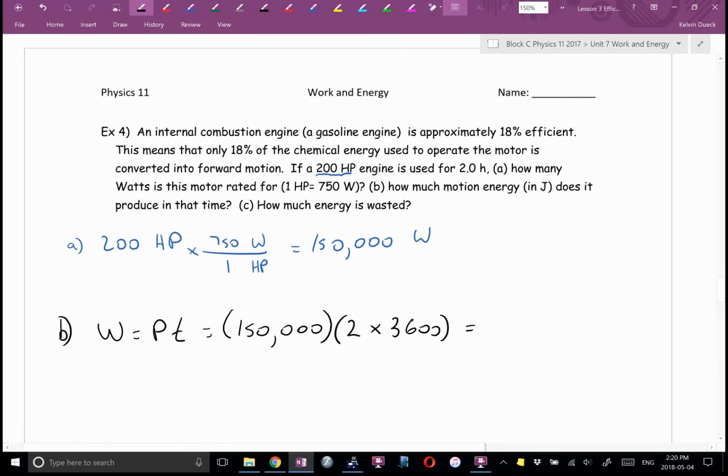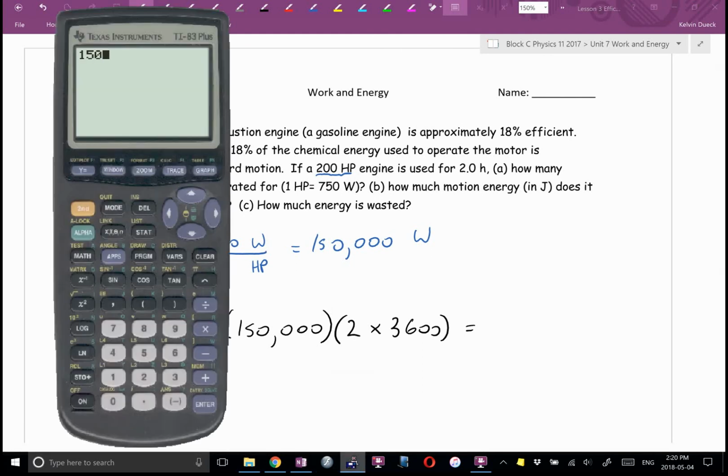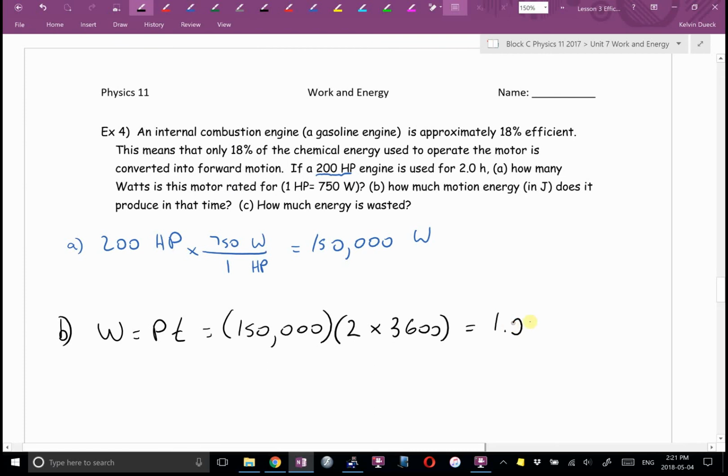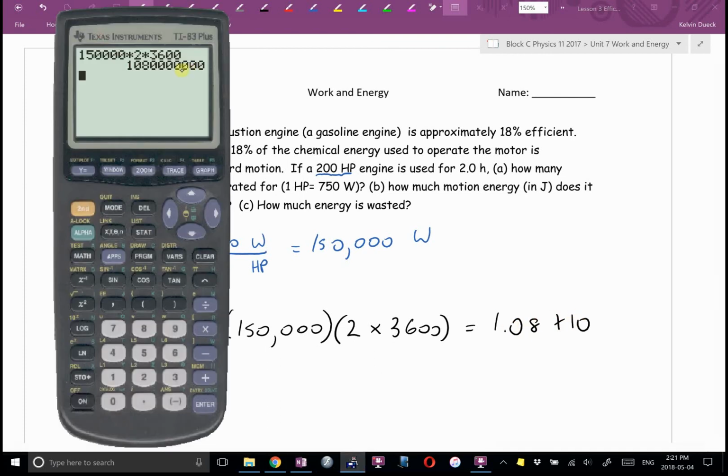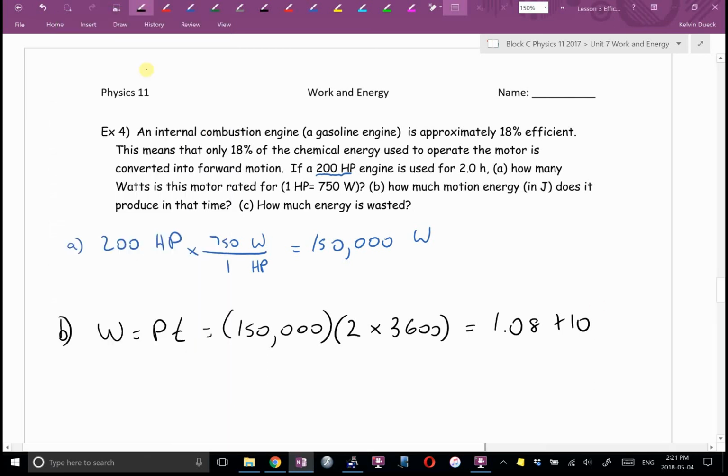What do you get? Let's crunch this: 150,000 times 2 times 3,600. Oh, wow. You get a 108 and how many zeros? This is the time for scientific notation. I'm going to write this as 1.08 times 10 to the 9th, is that correct?